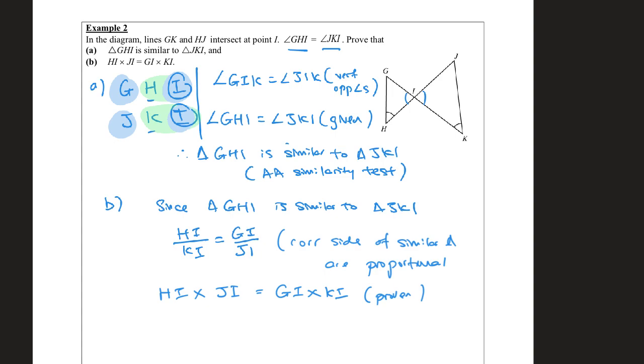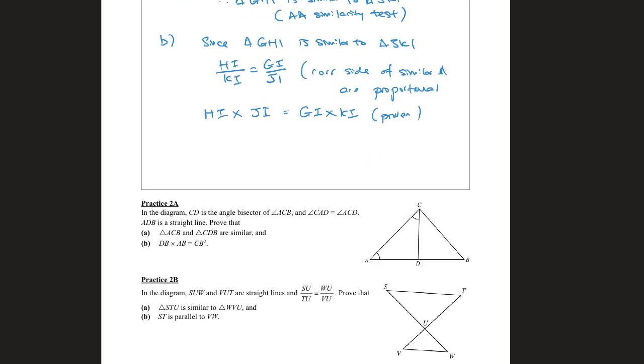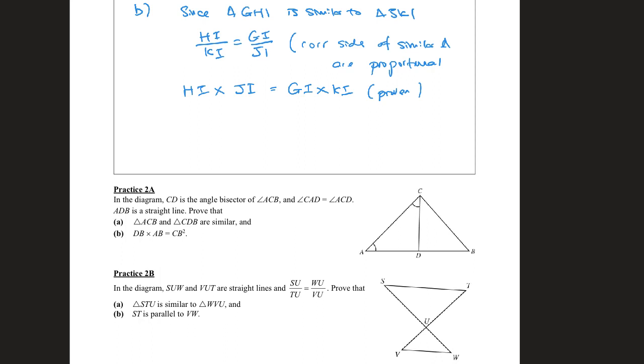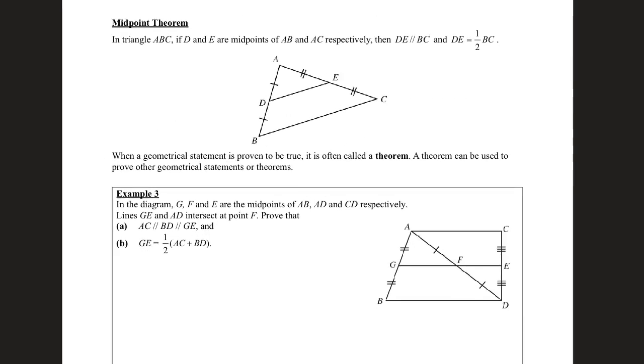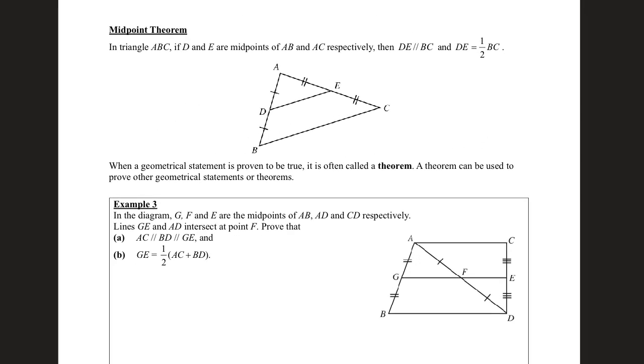Okay, so this is for example 2. Practice 2 and 2B can be found in another video. Okay, so let's move on to the last one, which is the midpoint theorem.